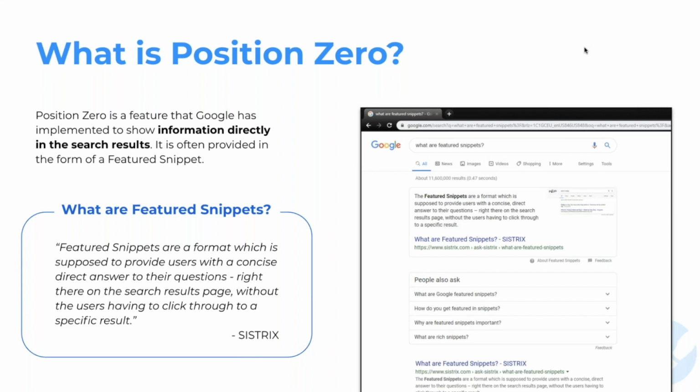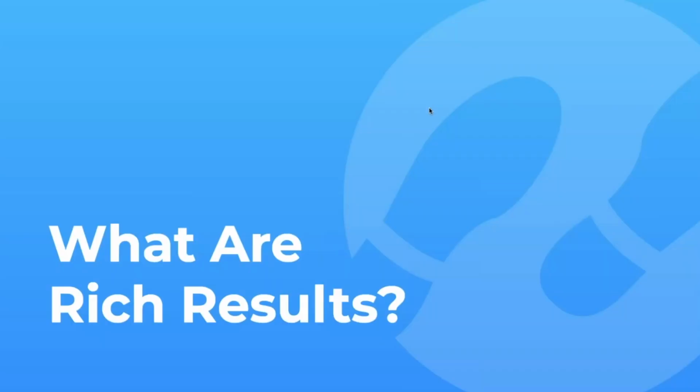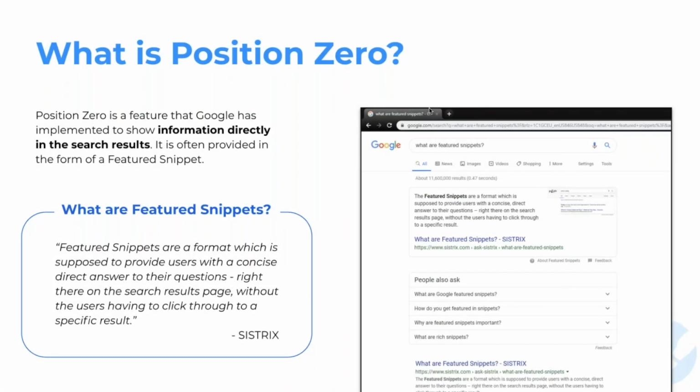When Brady and I were preparing for this, we asked, what is position 0? It's essentially the result that comes above all of the organic. It typically comes as a featured snippet, but it can be a lot of different rich results, as we'll define as well. But position 0 is what's on top.